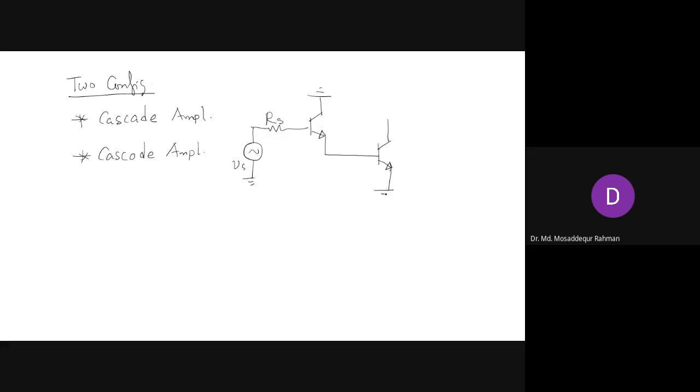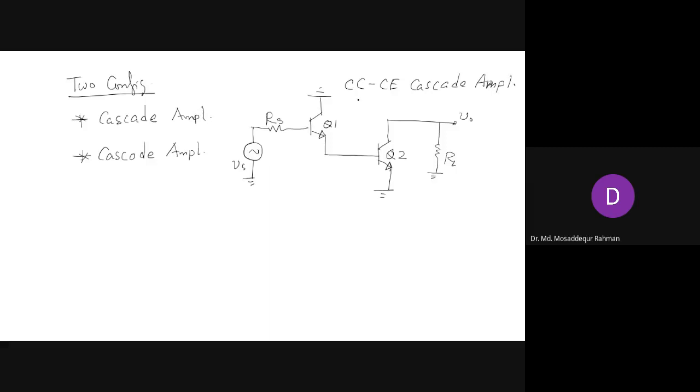The emitter is grounded. And then we have the load resistance, and that is V0. So this is transistor 1, transistor 2. We call this the common collector, common emitter cascade amplifier.